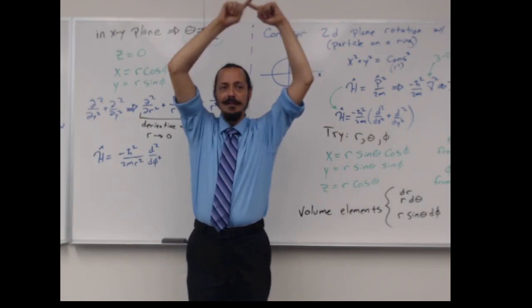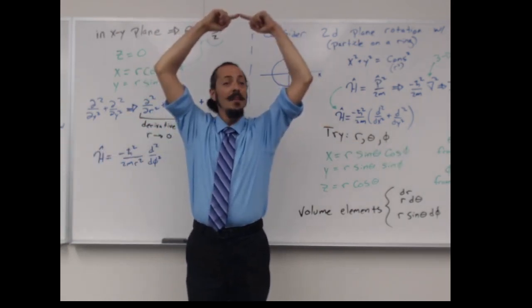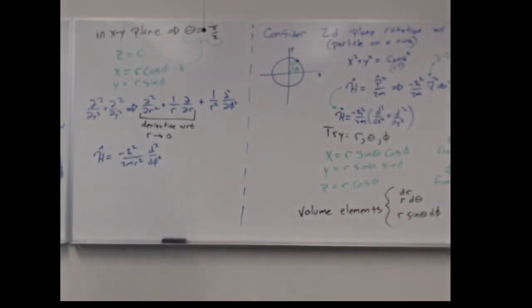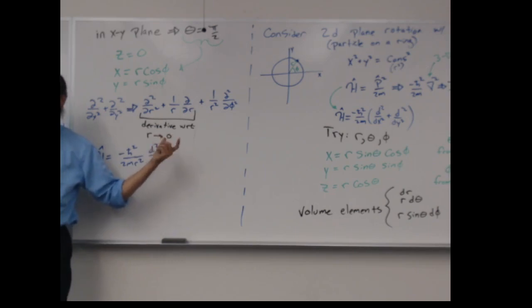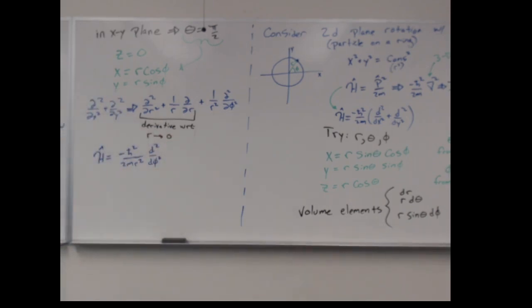So you get a ring instead of a box. The physics of this should actually come out really similar. We should see a lot of similar ideas. We do end up with this extra term of r squared that we didn't have in the particle in a box because of the coordinate system change. That's going to work out okay.